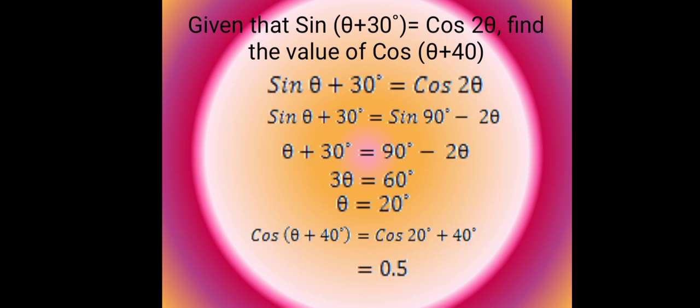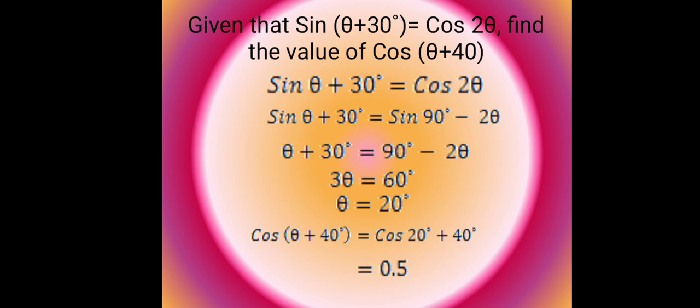Given that sine theta plus 30 is equal to cos 2 theta, find the value of cos theta plus 40. Sin theta plus 30 equal to cos 2 theta is the same as saying sin theta plus 30 is equal to sin 90 minus 2 theta.